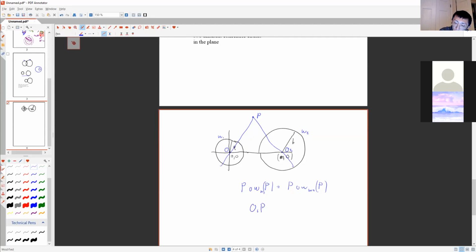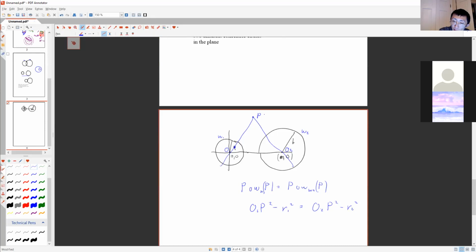So O1P squared minus, let's just call it R1 instead of A, so R1 is the first radius, equals O2P squared minus R2 squared, right? So that's our condition for P having the same power with respect to both circles.